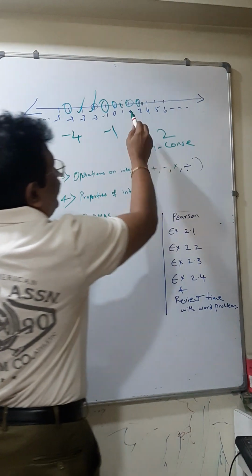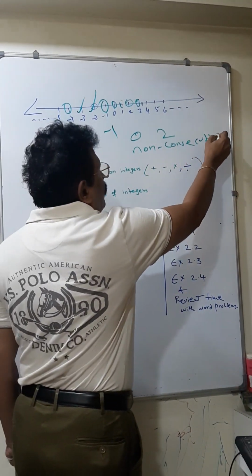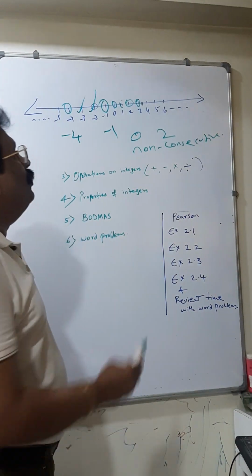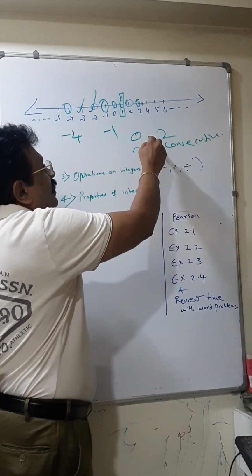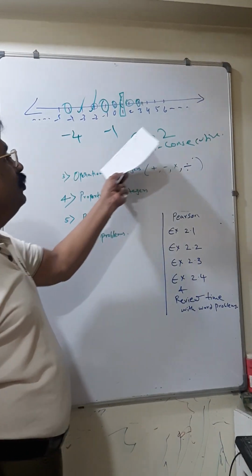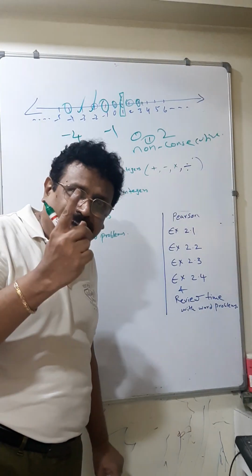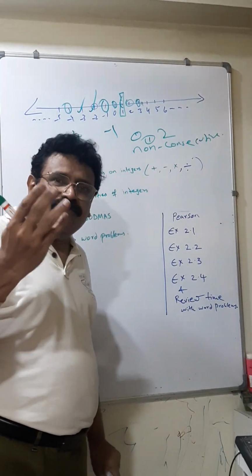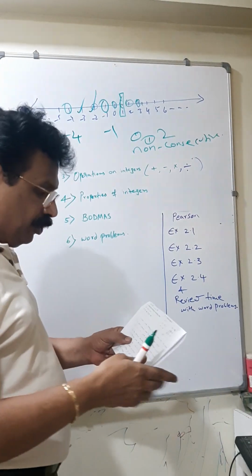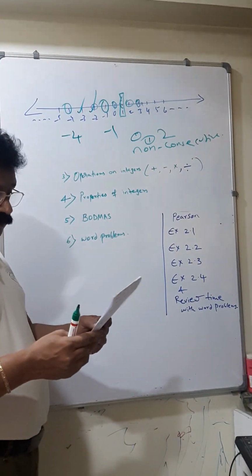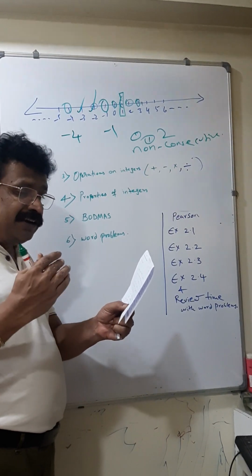Between 0 and 2 there is one number, 1. So 1 is the integer between them. There can be 2, 3, 4, infinite हो सकता है, but 1 is a must. That is the rule.